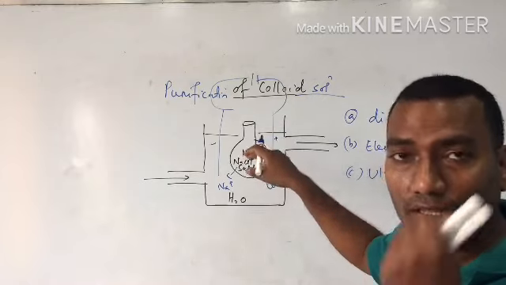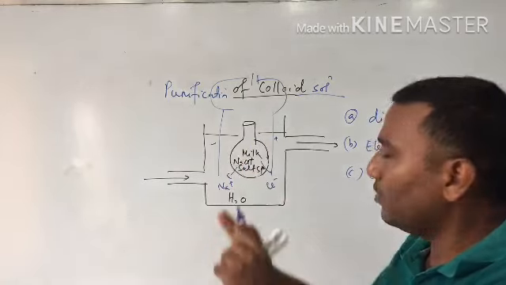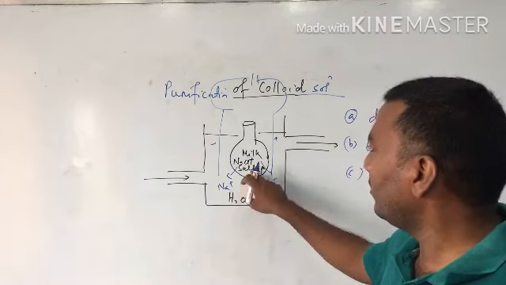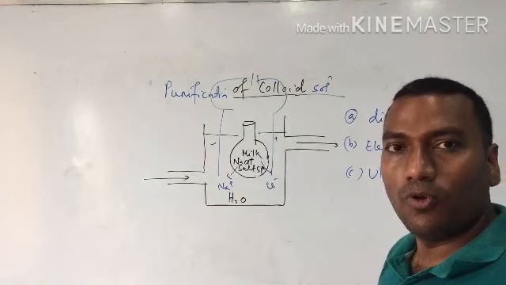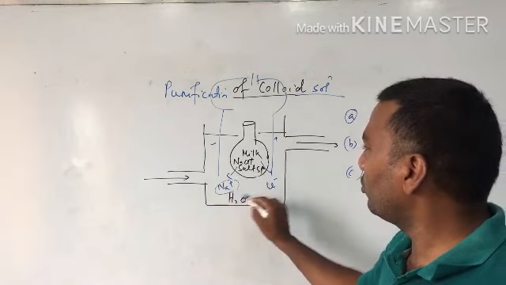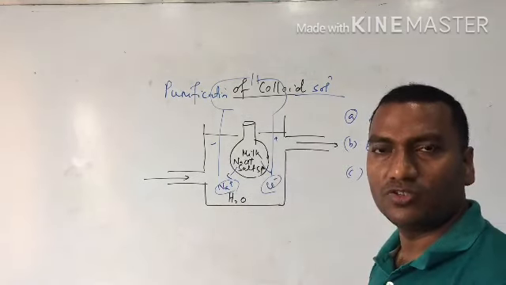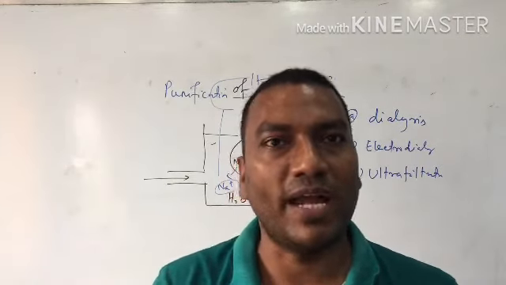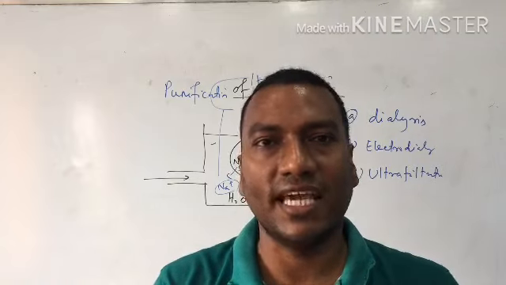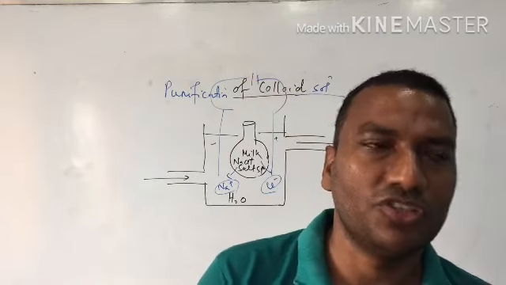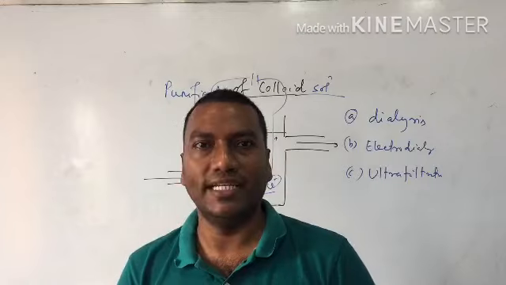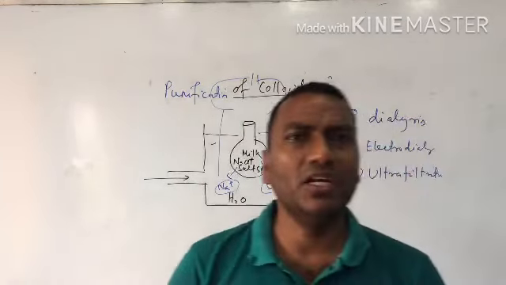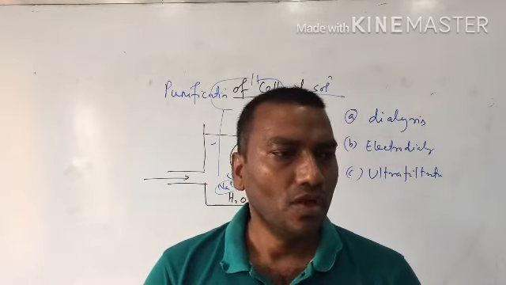So 100% of the salt will be removed from the container, and the water is in flowing condition, so both the cation and anion are separated. Remember, the dialysis process is very slow. To make the process faster, dialysis is carried out in the presence of electricity. This is known as electrodialysis. Clear now?